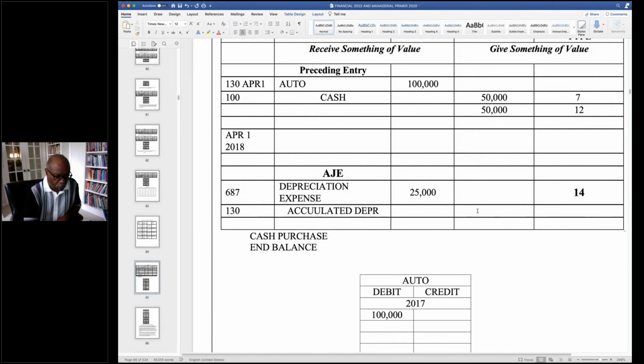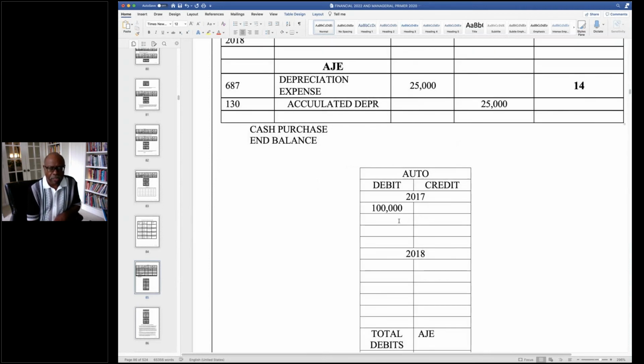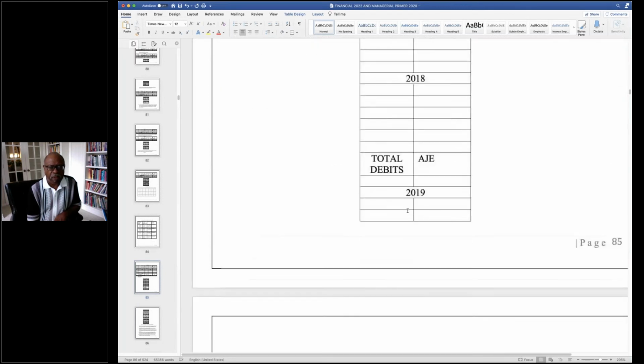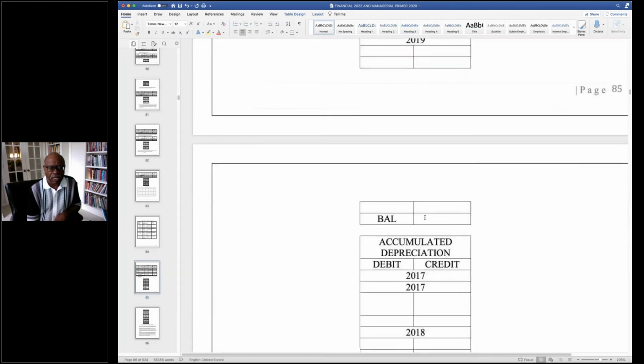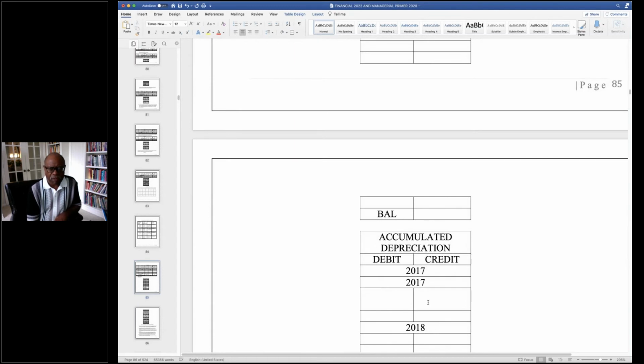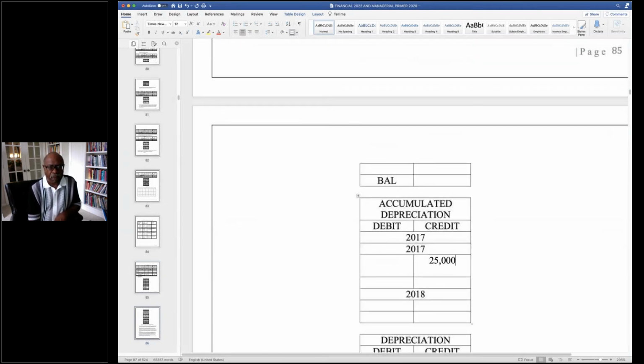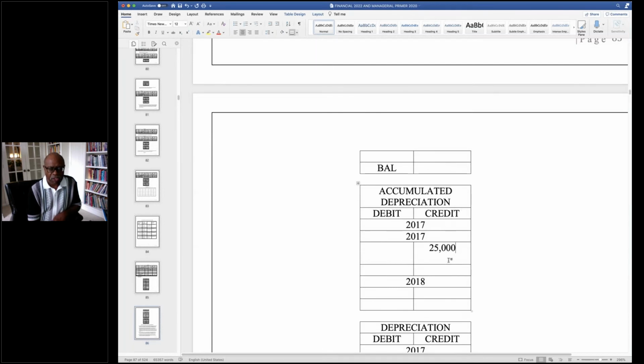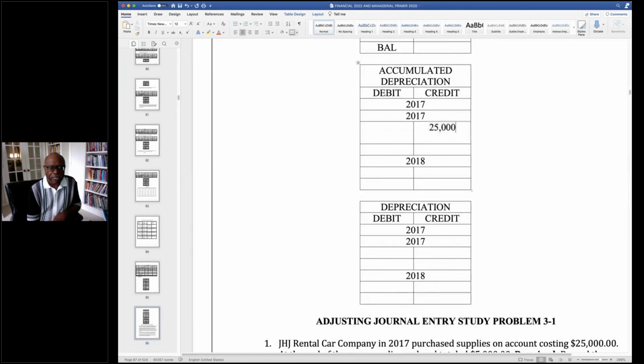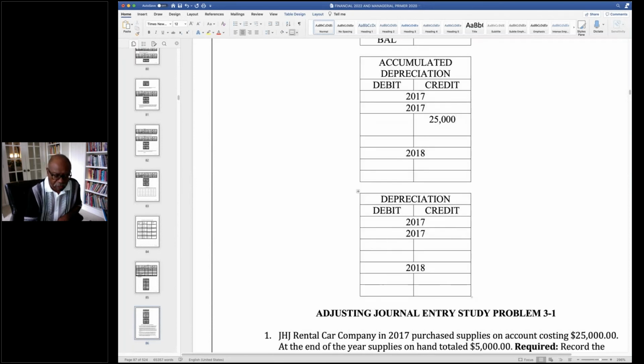Let's look at what's going to happen. We're always going to keep $100,000 in here. For the accumulated depreciation, when we credit it, we have 25,000 in it. So we will always know the asset cost 100,000, but we took 25,000 in depreciation on it. And the expense comes in here at 25,000 for 2017.